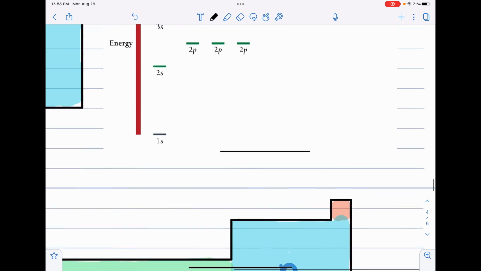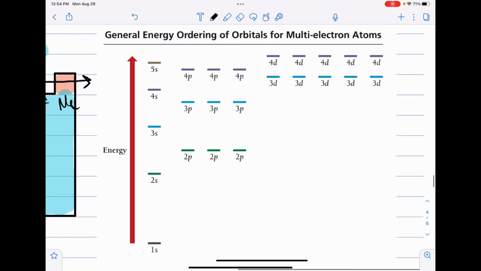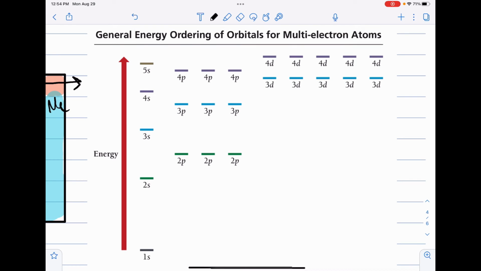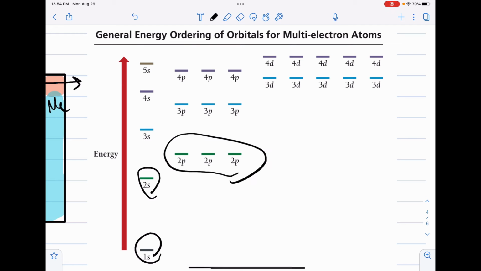So if we go back up and look at this diagram, which I meant to show you when I was explaining the Aufbau principle, this is showing how different orbitals are in the energy continuum. So like who has the least energy, who has the most energy. So we can see that 1s is way down here, and then we have 2s, and then all the 2p's are the same. Same energy, degenerate. That's what we call it.